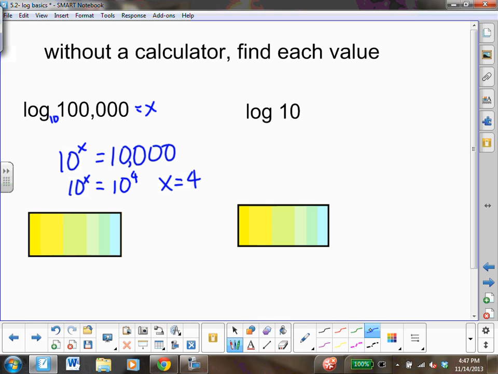The log of 10. You could also say the log base 10 of 10. So again, think of your circle rule. 10 to what power will give you 10? And we know that to just be 1.